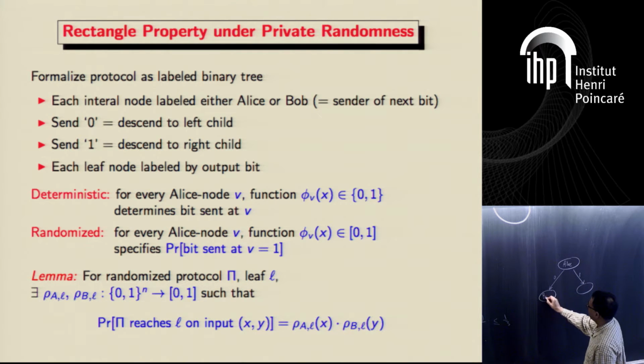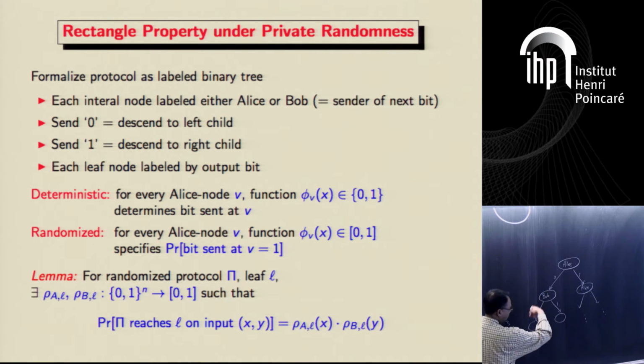Let's say in this case Bob sends a bit, and maybe in this case Alice is going to send another bit. If Bob sends a 0, we descend into this node. If he sends a 1, we descend into this node, and so on. So the entire execution of the protocol can be specified by writing down such a binary tree, and of course specifying the logic for how each party says whether to go to this node or that node.